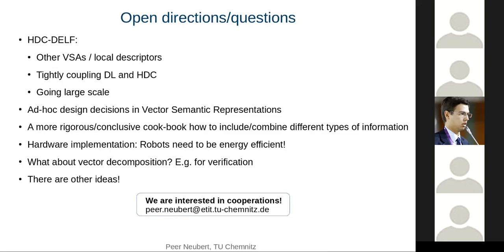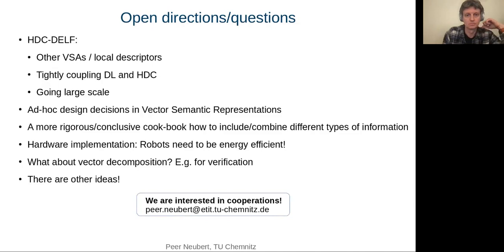Right now, our output descriptors are 4,000 dimensional. For going large scale, we need to decrease the number of dimensions to be able to match against very large databases with 1 million images. I already said in those vector semantic representations, there are really a lot of ad hoc design decisions we might want to rethink.